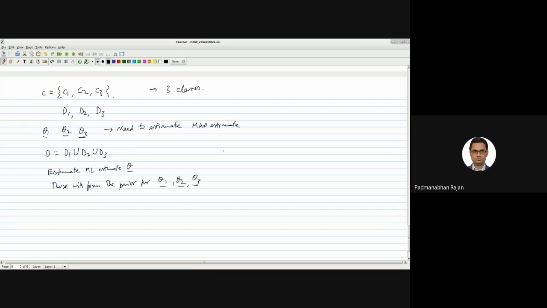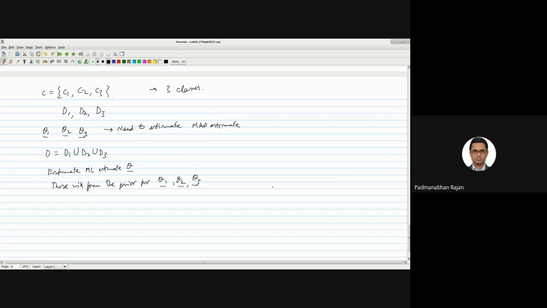So one reasonable assumption is that the variances across all the classes are the same, and the means for each class are different, and the distribution of those means is centered at the ML estimate of the mean of the complete set of data. This you can use to approximate a MAP estimation of each of theta 1, theta 2, theta 3.